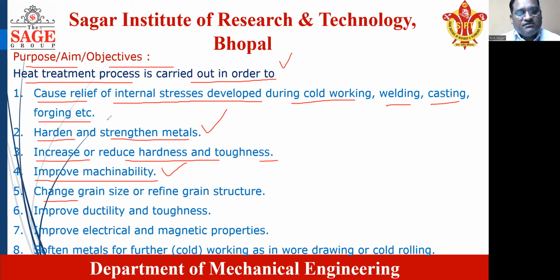The heat treatment process is also carried out to change grain size or refine grain structure. With the help of heat treatment process, the grain structure of the material can be refined. Then to improve ductility and toughness, these properties can be improved.